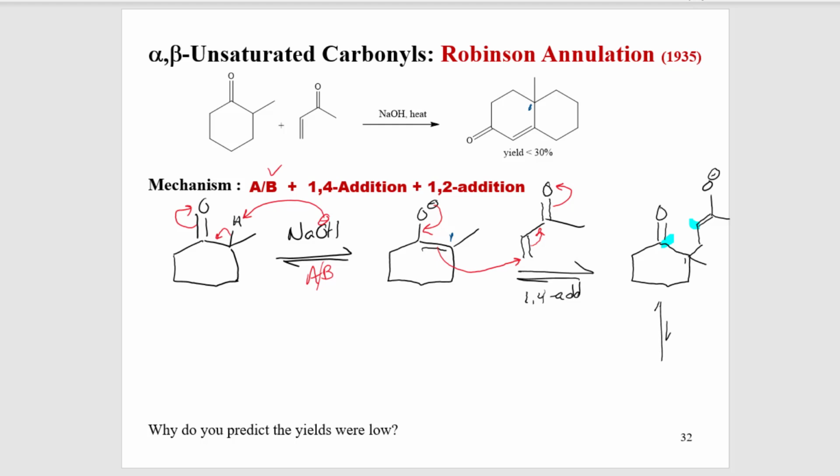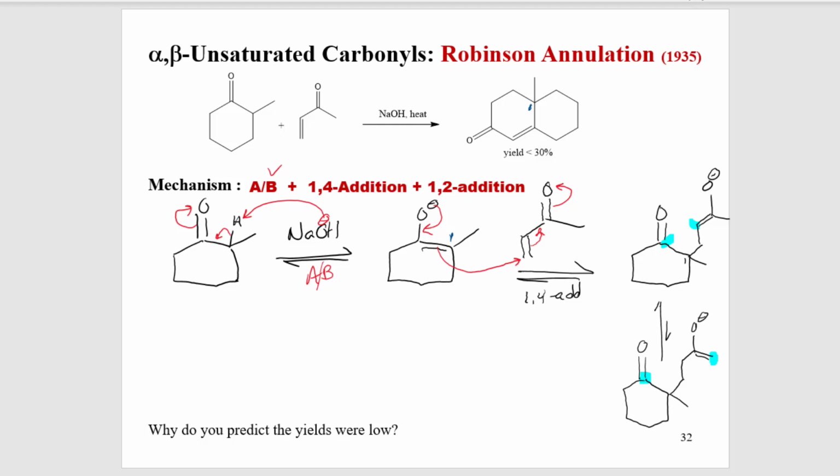So what's probably happening is that a little bit of the kinetic enolate exists, and now the carbons of interest are the enolate at the other end and the carbonyl for a 1-2 addition. If you count the atoms between here, you've got a 1, 2, 3, 4, 5, 6 distance.